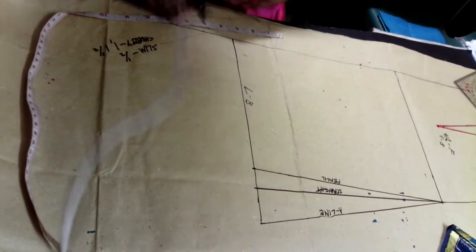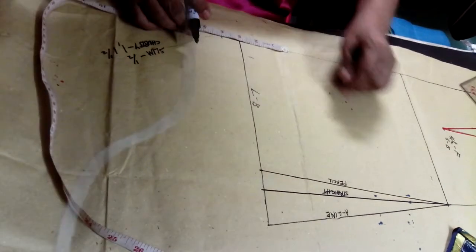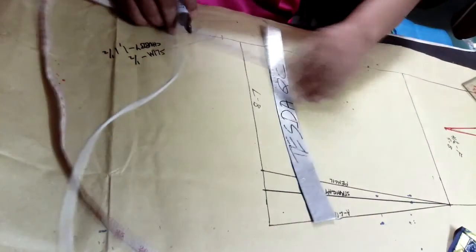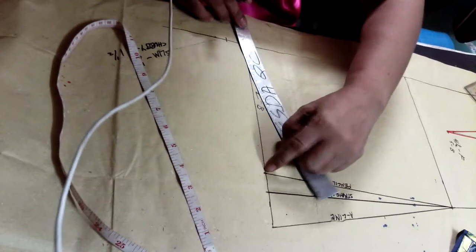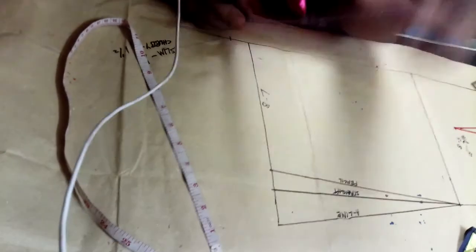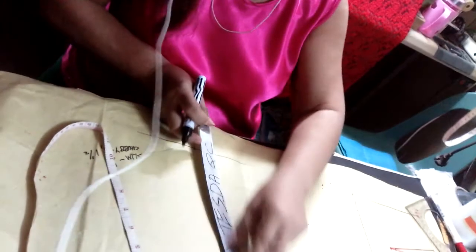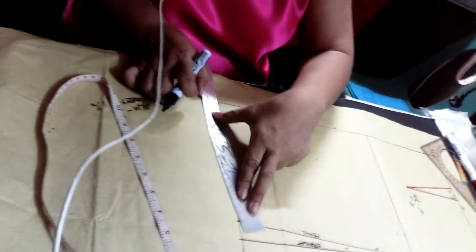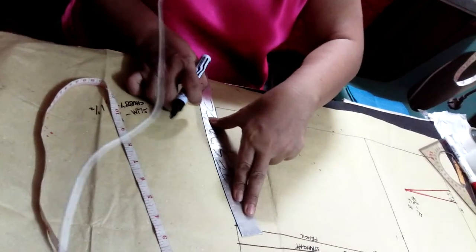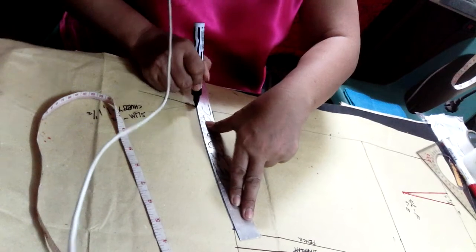Now, let us add 1 inch and then line. So, the A line from here, the inner line, using your hip curve, this curved portion, not the straight one. Like this. Straight, because if you flip it, the form will not be good.